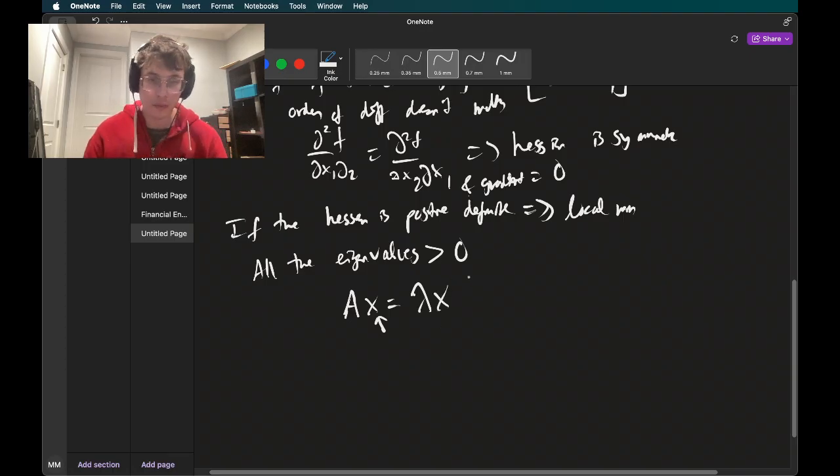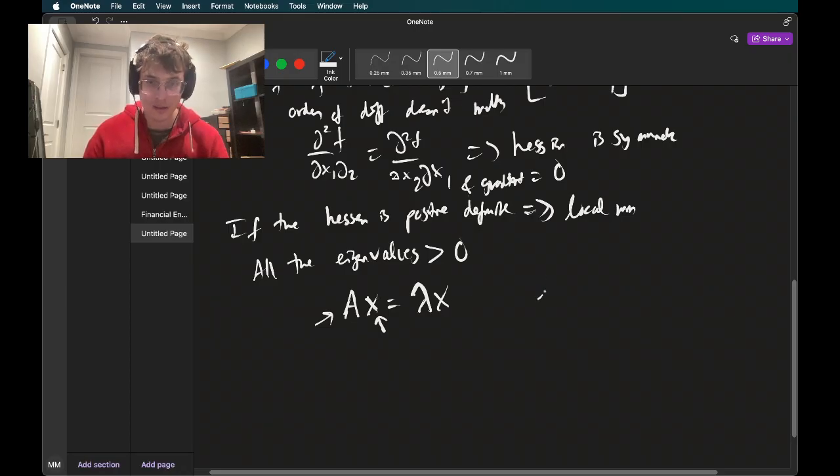So for this linear transformation A, lambda is a number for which there exists a vector x, where when you take Ax you get lambda x.